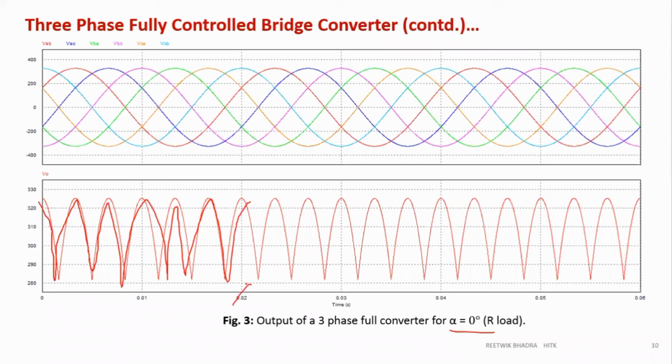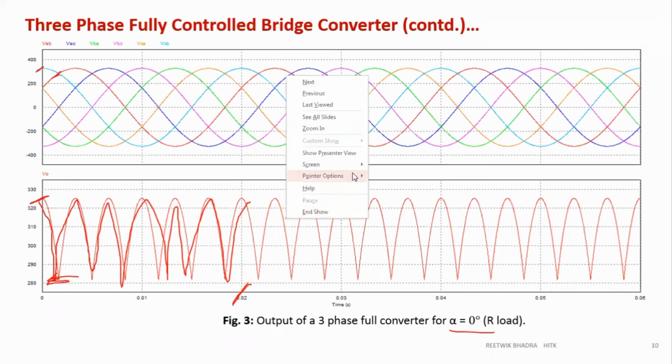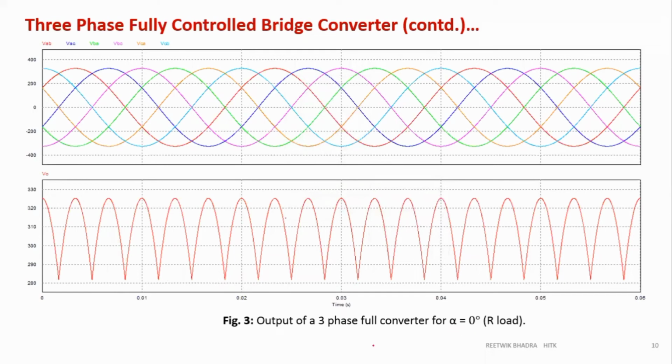Then over here, 0.02 is 360 degree because it is 50 hertz. 1 by 50 is 0.02. So you see the waveform is coming exactly. From here, you can exactly understand the magnitude. It is coming from this point to this point, between 400 to 200, and it is a decreasing value. What is the exact value you can get in this figure? That's why simulation is very important to understand what my exact values are. So this is the nature of the waveform.